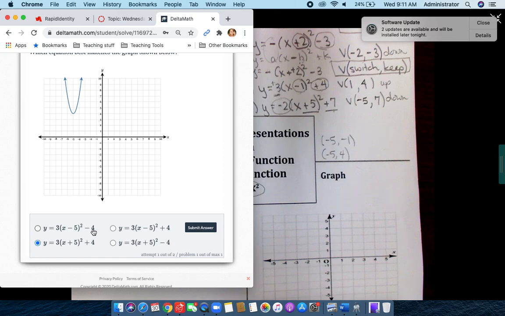That would be 5, -4. Is my vertex at 5, -4? No. Over here, if I switch, keep, my vertex is at +5, 4. Is my vertex at 5, 4? No. So it's not that. So you can use process of elimination like that. Or again, you can simply identify it and remember to switch, keep when you put it back into your vertex form of a quadratic function.